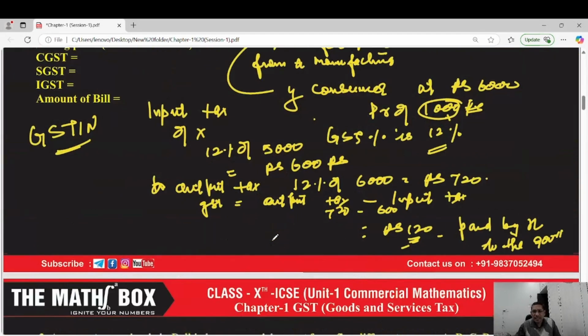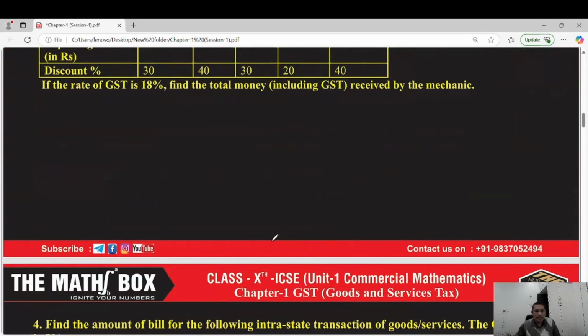Now, next, I'll tell you one more thing here. I'm using these screens to explain to you. So the next part, I told you earlier, the business is done in two ways: intrastate and interstate.